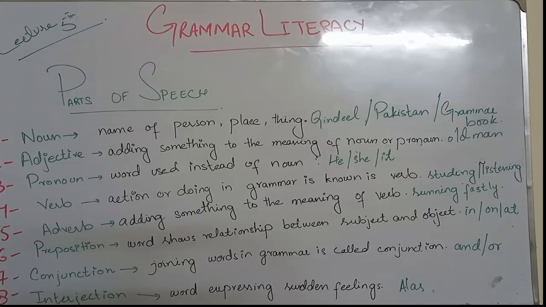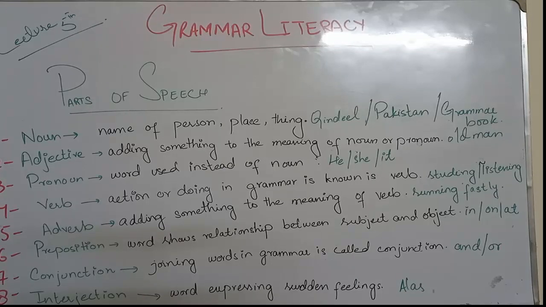And when a person is young, that is called young man. So here the young, here the old, the beautiful girl. Another example is a beautiful girl. So there are many girls, but if ever I'm saying the beautiful girl, I'm specifically talking about somebody, and I'm adding something to the meaning of noun or pronoun. So here it is called the adjective.